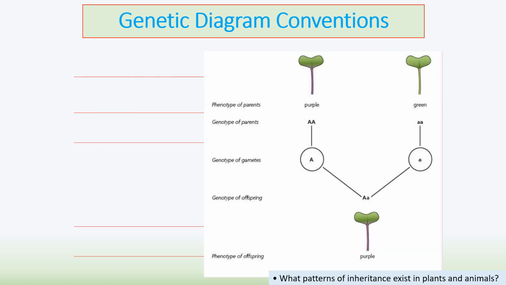So for example, here you can see this being played out. You can see that we have the parent's phenotype, parent's genotype, the different gametes they can produce, the genotype of the offspring, and obviously you might draw a genetic diagram here, and then the phenotype of the offspring, and in this case there's no ratio because it's 100% purple.